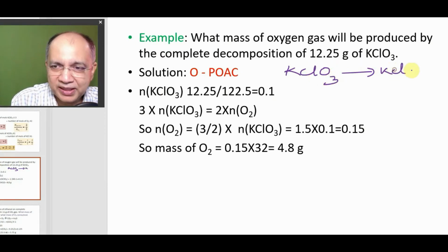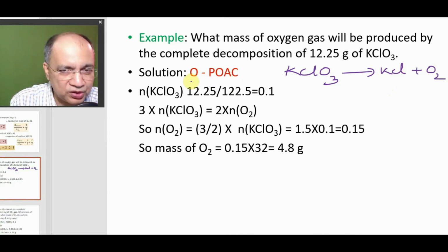Once again, I am writing it, and no need to balance it. And let us first go for oxygen POAC. The number of moles of KClO3 into 3 is equal to number of moles of oxygen into 2. This n stands for number of moles.